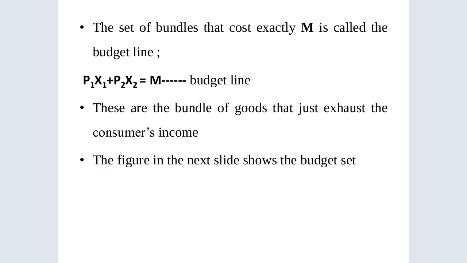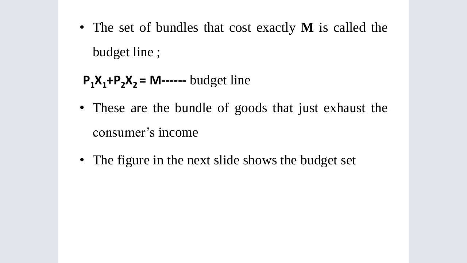Now the set of bundles that cost exactly M is called the budget line. The set of bundles that completely exhaust the income of the consumer, that is, where the expenditure on the two goods is equal to the income, is what we refer to as the budget line.